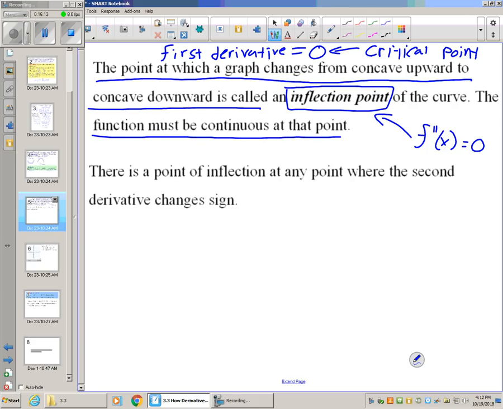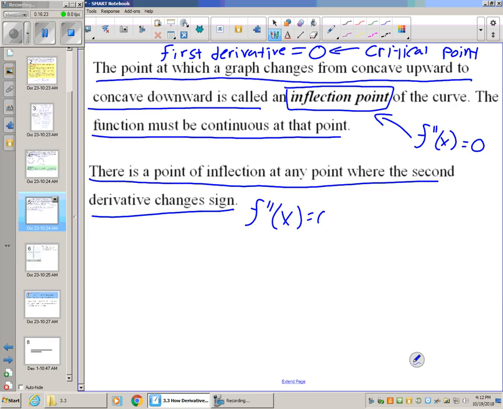Okay, there is a point of inflection at any point where the second derivative changes signs. Okay, so wherever the second derivative equals 0. All right, so if I were to say I had a number line, and I'm looking at my second derivative, if this is the value c where it's at 0, that is an inflection point.